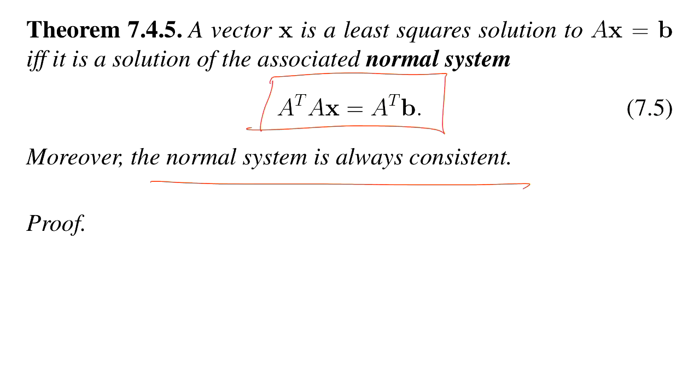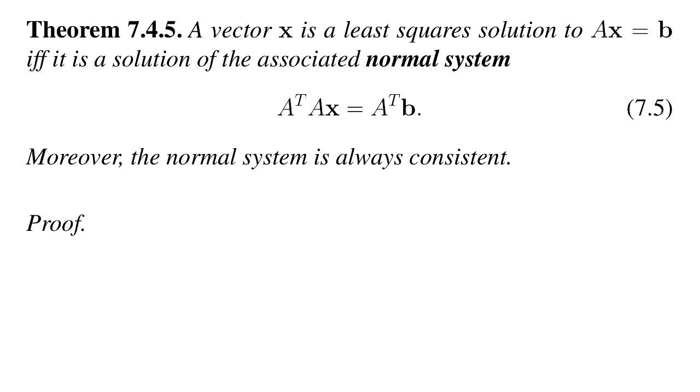So why would that be the case? Okay, let's have a look. Once you know this theorem is true, you can stop thinking about projections, but we need to think about the projections to prove this theorem.